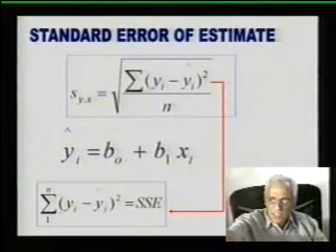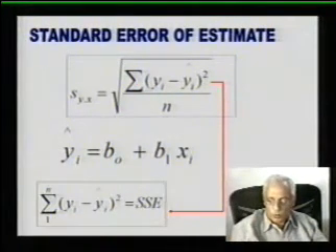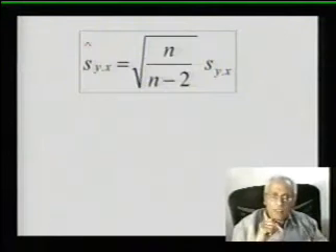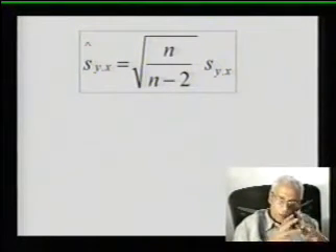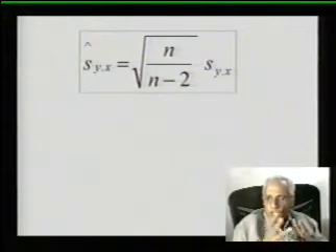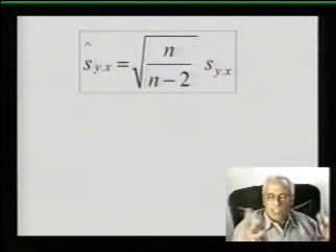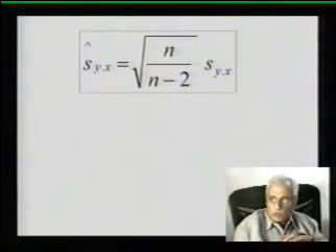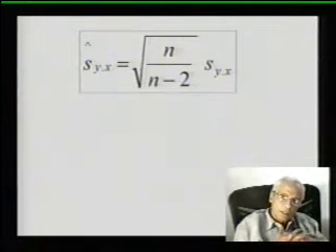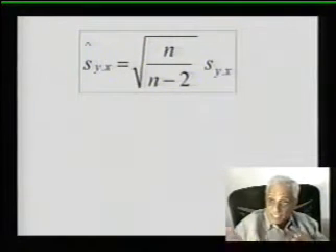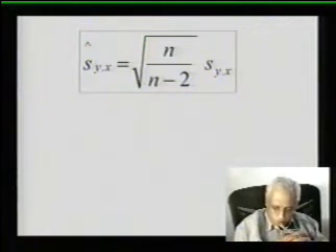Remember, this is the SSE, or the sum of square of errors. If I'm dealing with a small sample, then the estimated standard error should be determined from this equation, where we have n, the sample size, divided by n minus 2, times the standard error that's classically determined by the previous equation.